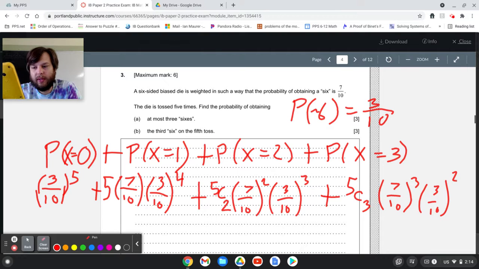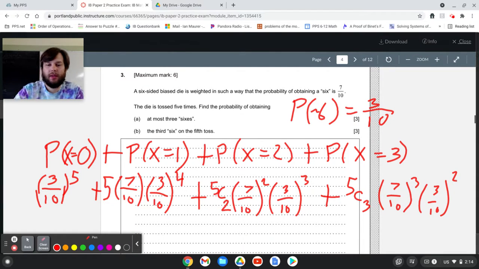So I have 3/10 to the 5th plus 5 times 7/10 times 3/10 to the 4th plus, and then if you want to do the choose 2, you go to the math menu on your calculator, over to probability, and then option 3, and you can just type in 5 choose 2, and then 7/10 squared, 3/10 to the 3rd, and then plus math, probability, option 3, 5 choose 3, 7/10 to the 3rd, 3/10 squared.